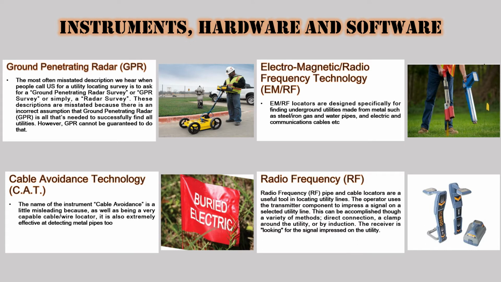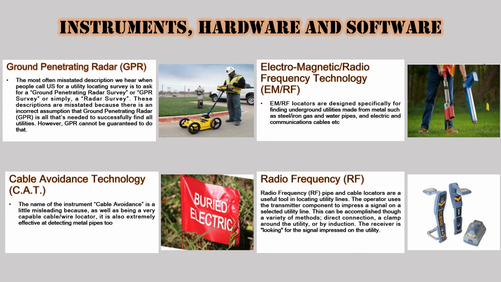Next instrument is electromagnetic or radio frequency technology. Electromagnetic locators are designed specially for finding underground utilities made from metals such as steel, iron, gas and water pipe, and electric and communication cable.